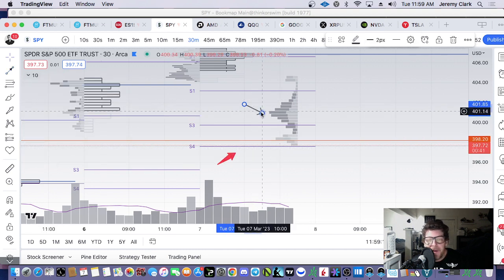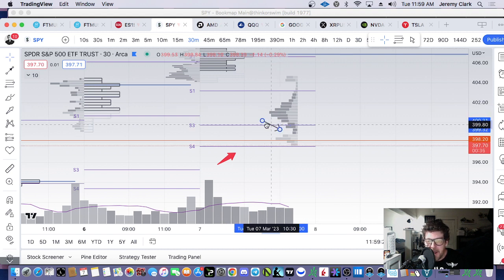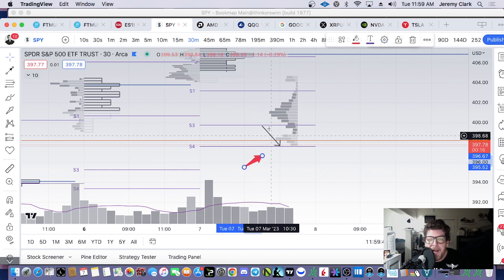I would get in this trade around S2, and my first target would be S3, and then if S3 broke, which it did, my next target would be S4. S3 to S4 is a really good, consistent move. Doesn't always happen, but when it does, it's pretty consistent. But because we're already here at S4, I personally wouldn't enter this trade right now unless I was feeling really risky. But you can see how these concepts played out.